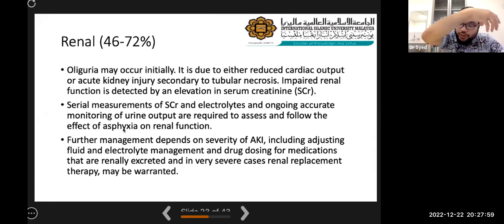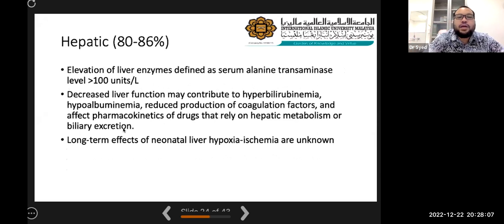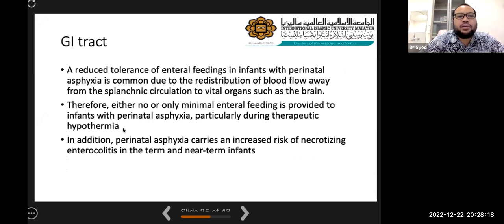So it can be pre-renal, it can also be renal itself because of the hypoxic event. Liver accounts for 80 to 86%. You may see deranged transaminases, elevated ALTs, elevated ASTs, and so on and so forth.